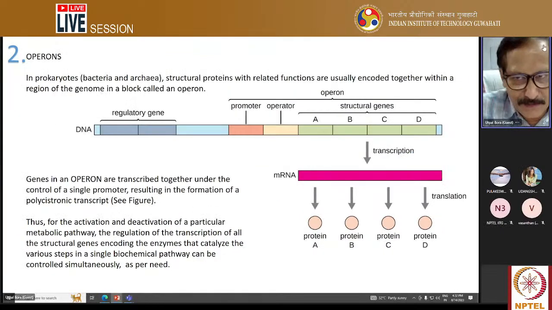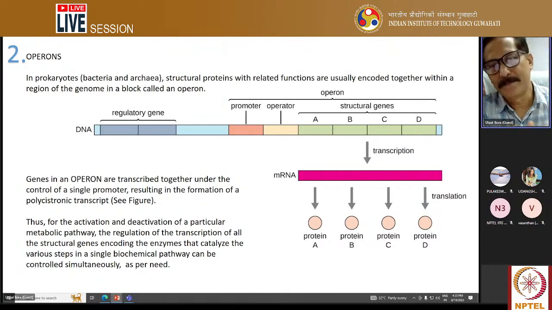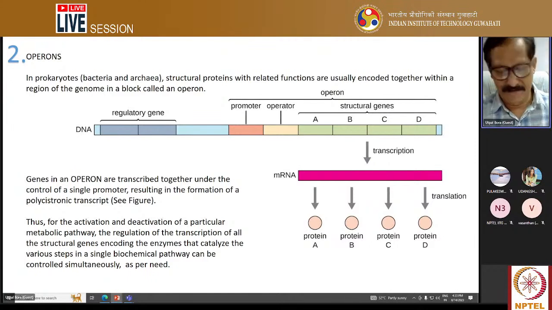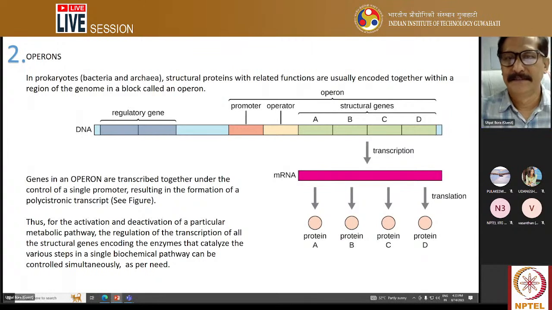If there is no need for A, producing B, C, D is also not required. If there is a requirement for protein A, we would require proteins B, C, D, because only then the whole metabolic pathway would be completed. So this is one of the economic reasons why all these genes which participate in a single metabolic pathway are put under one single regulatory gene, so that they are easily transcribed and translated whenever the need arises.